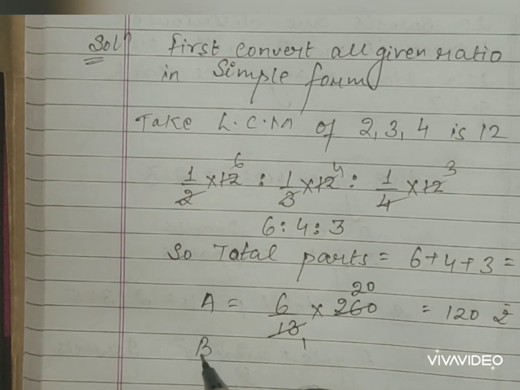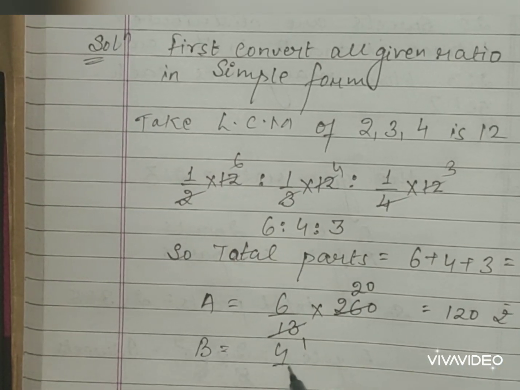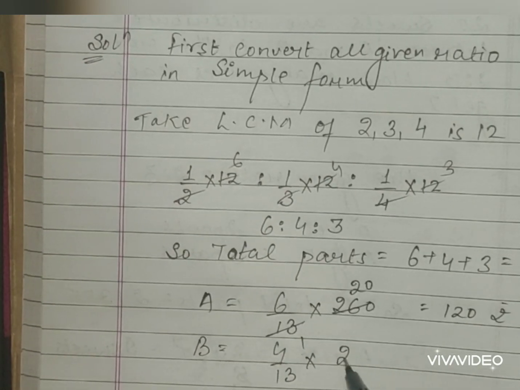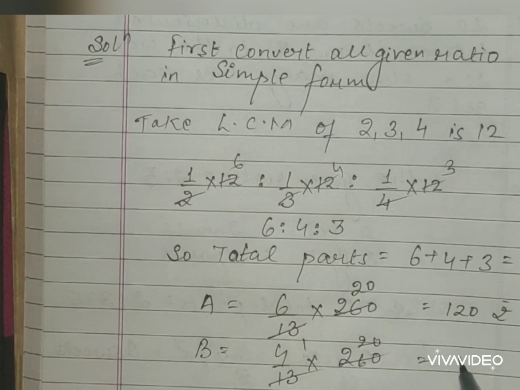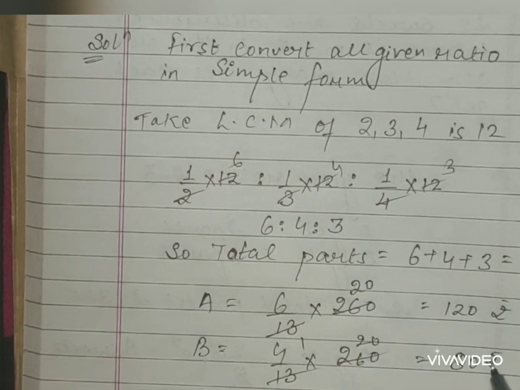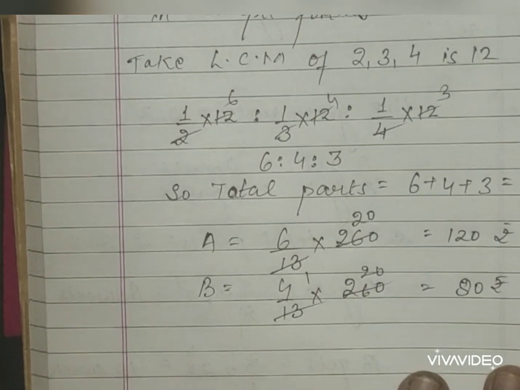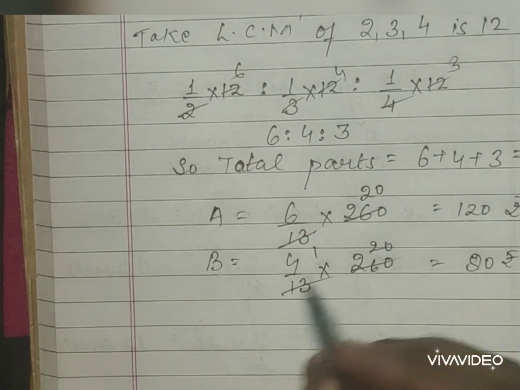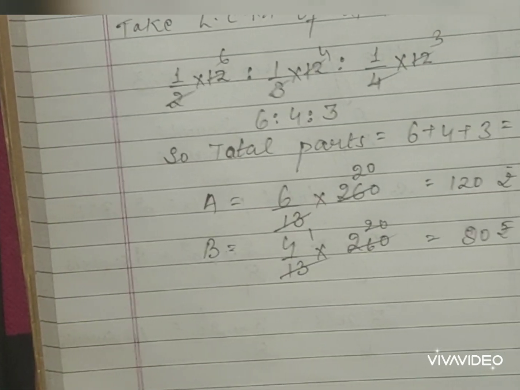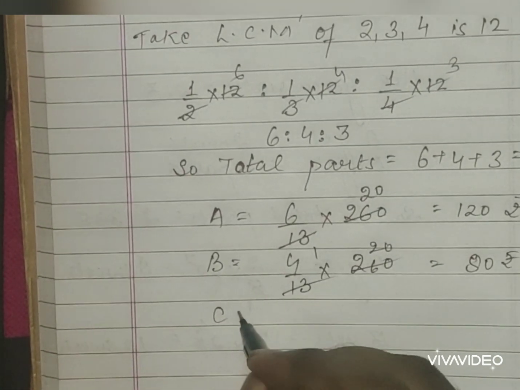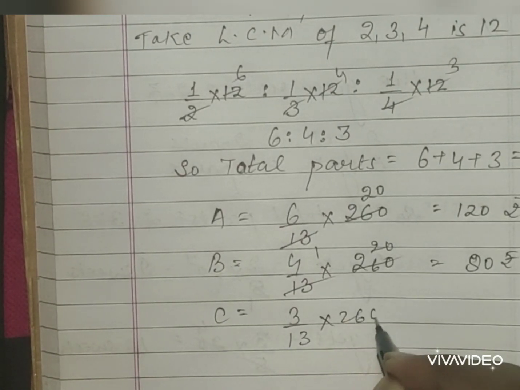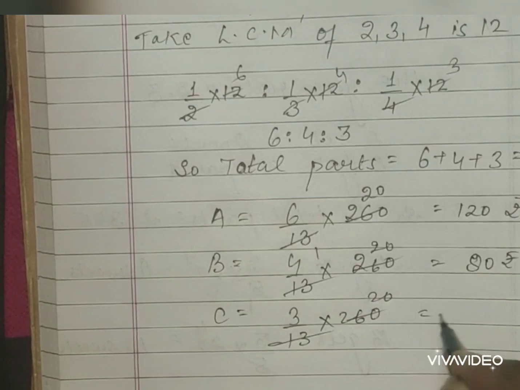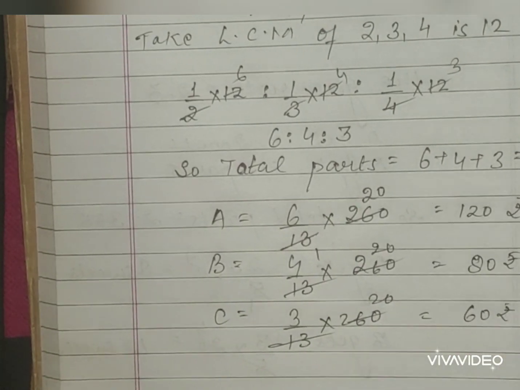Clear? And what will B get? 4 upon 13 into 260, that is again 20 times 4. So you get 80 rupees. B is getting 80. In C we will see, C is 3 upon 13 into 260, that is 60 rupees.